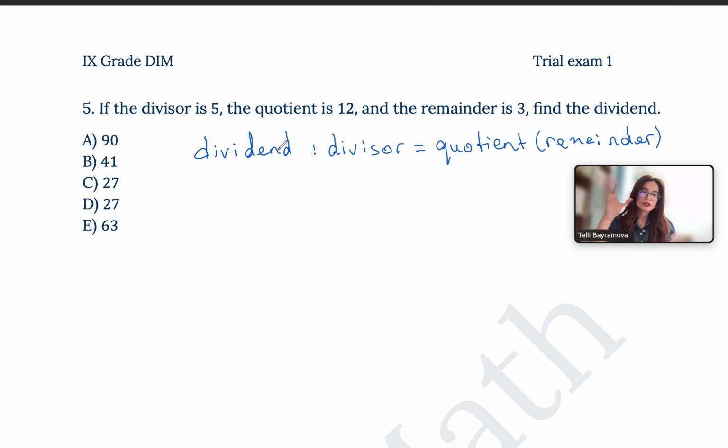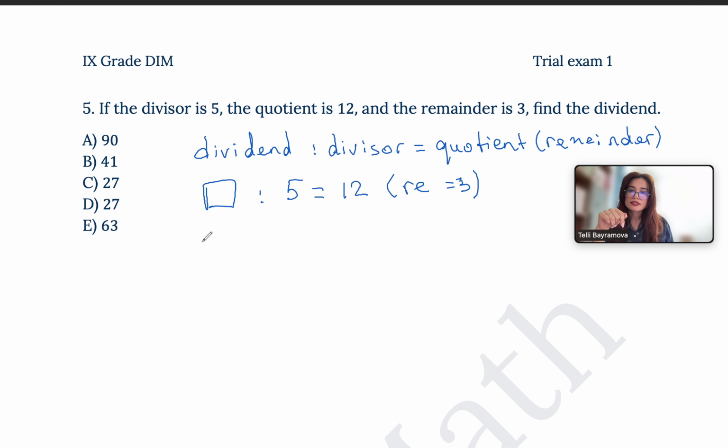It's just the general formula. The question asks to find the dividend. You don't know what it is. Divide by 5, the divisor is 5. The quotient is 12 and the remainder is 3. So I have to find which number divided by 5 gives 12 and remainder 3. Logically you can find it is 63, but generally the method is 12 multiplied by 5 plus 3. So 63. This is the way.